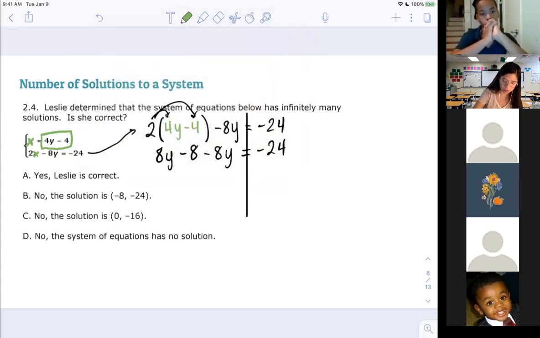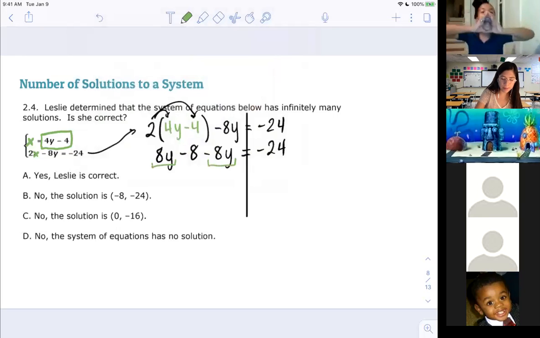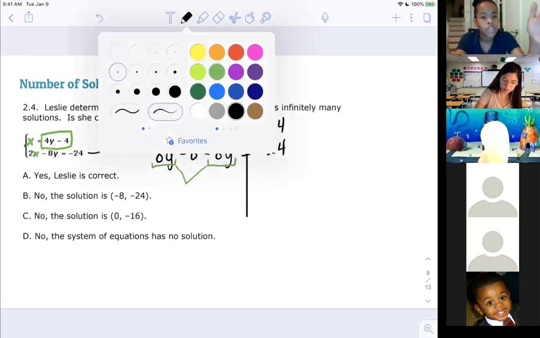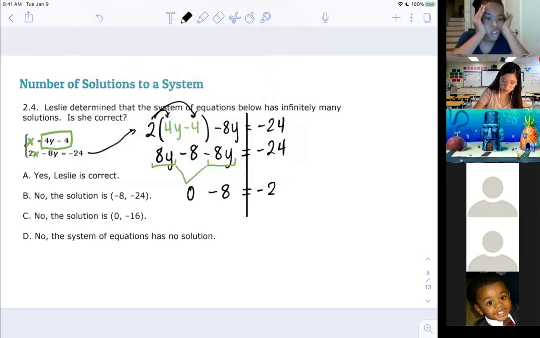We're going to add like terms, combine like terms. And what happens when I combine like terms? What do I get? 0. There's 0, no y. So I get 0, and then I have negative 8 equals negative 24. Well, what's 0 minus 8?